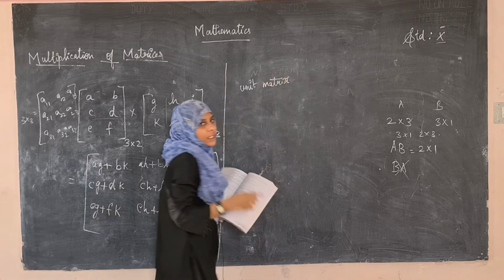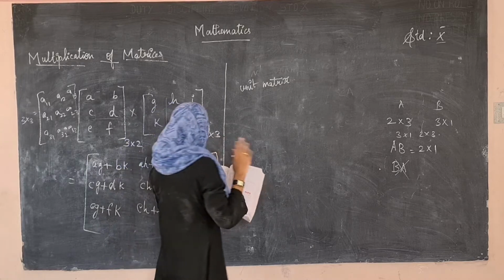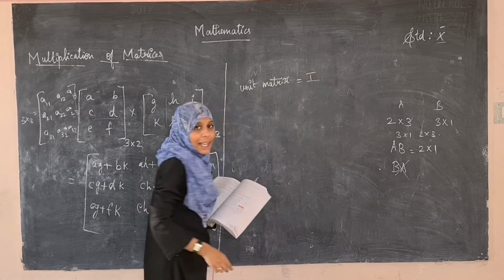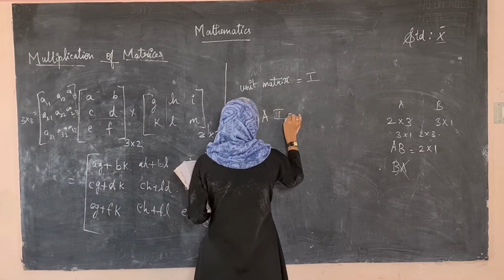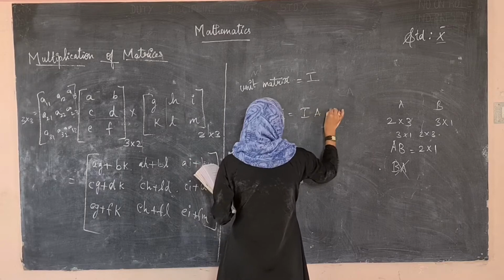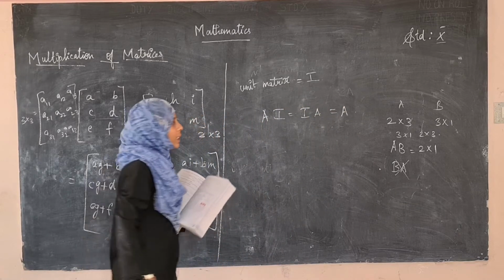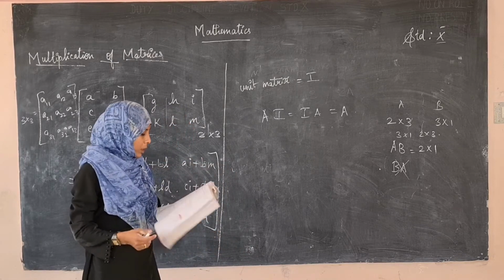When a matrix is multiplied with the unit matrix, we will get the same matrix. The unit matrix is denoted as I. If A is multiplied with I or I is multiplied with A, we get the matrix A. That is, matrix multiplication by the unit matrix is possible.